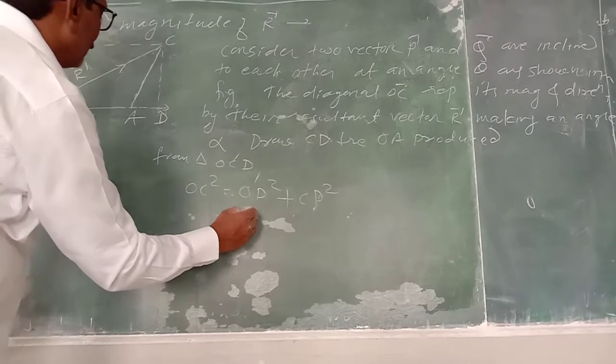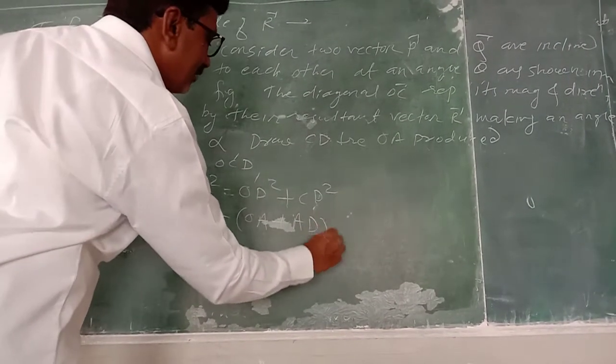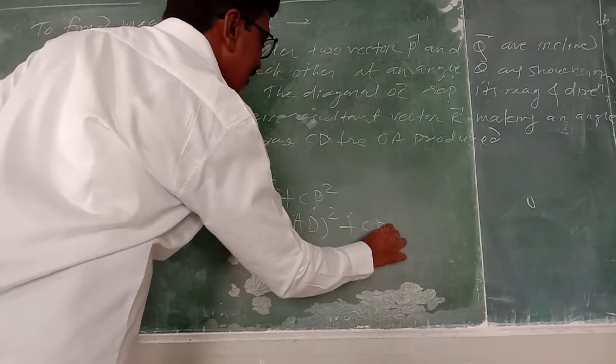That is equal to (OA plus AD) bracket square plus CD square.